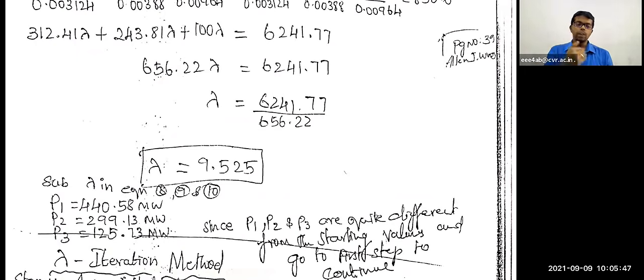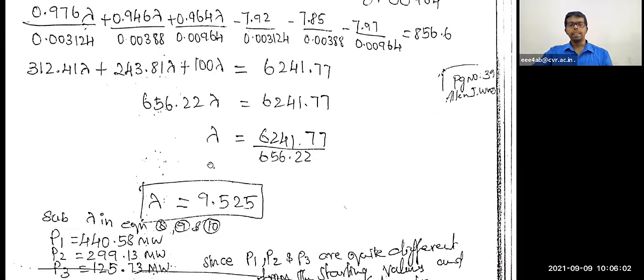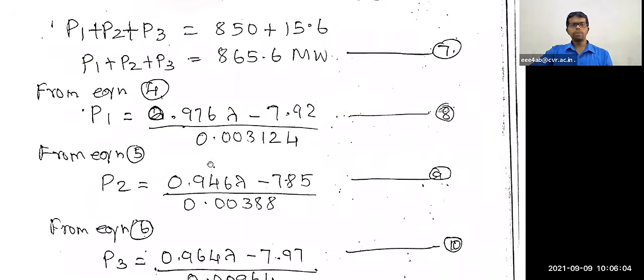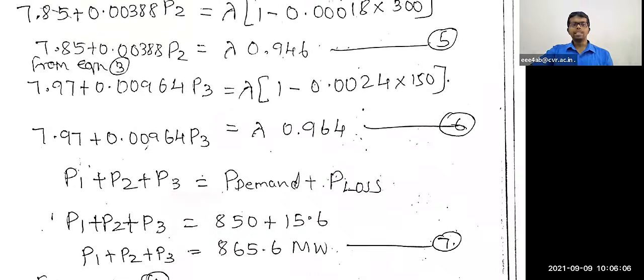Say, for example, you need to do 3 iterations. First iteration we have completed. So what you have to do is take these values as 440 megawatt, 299 and 125 megawatt, and come to this step.